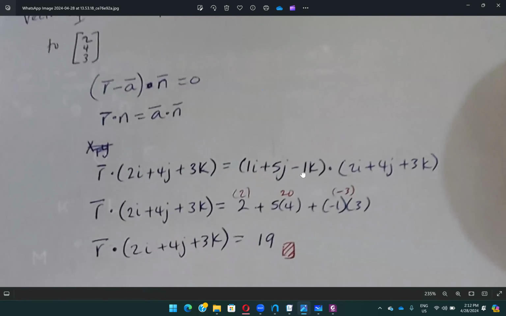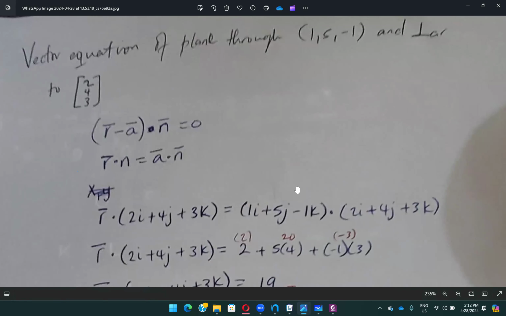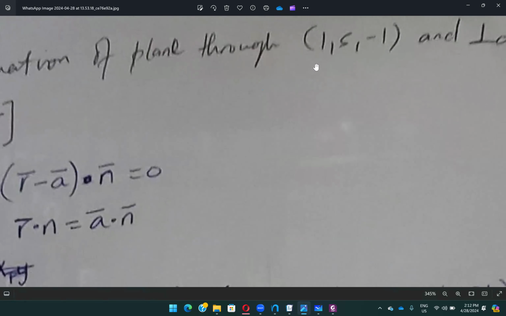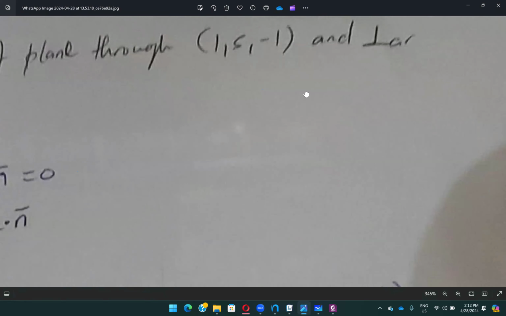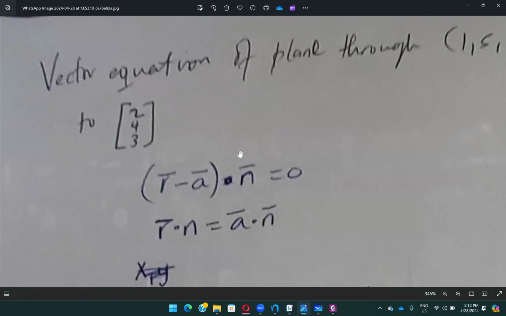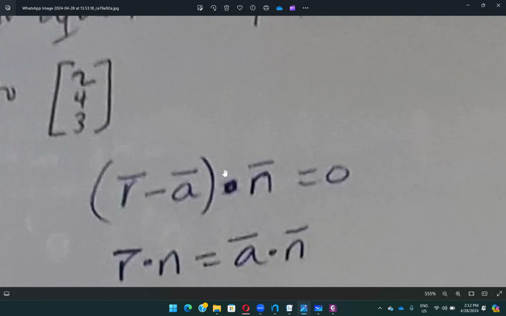Now, I'm going to look at one more plane question. It says that we want the vector equation of a plane that passes through the point 1, 5, negative 1, and it is also perpendicular to the vector 2, 4, 3. Remember that we had this equation earlier where we have the variable r minus the point that is on the plane, dot product with the normal vector.